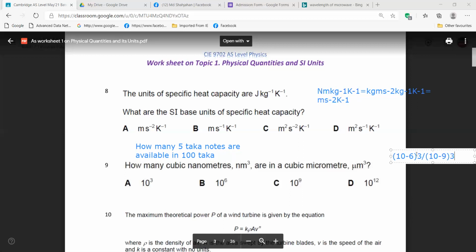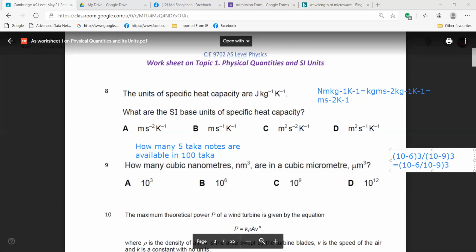That means if you have a cube by b cube, then you can write a by b whole cube, right? And now this one you can write as 10 to the power minus 6 divided by 10 to the power minus 9, in a bracket, then whole cube, right?